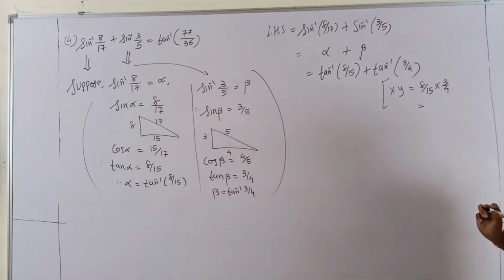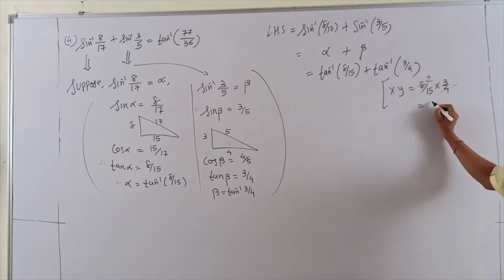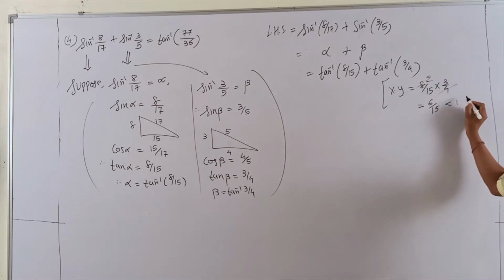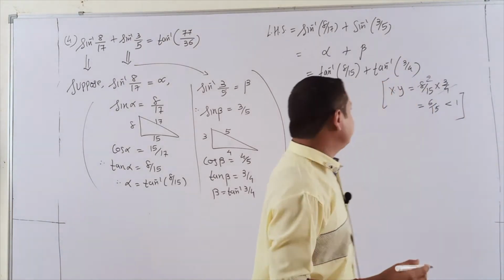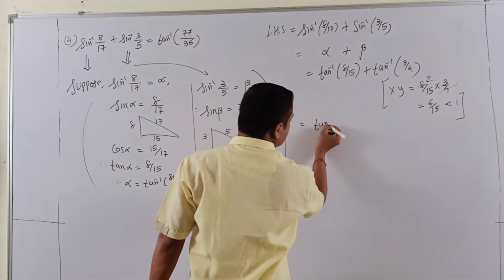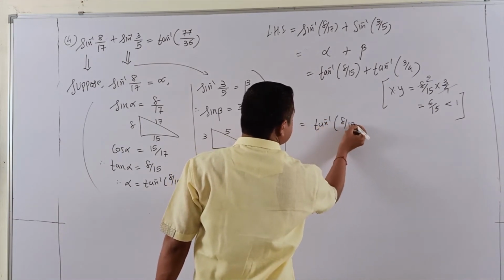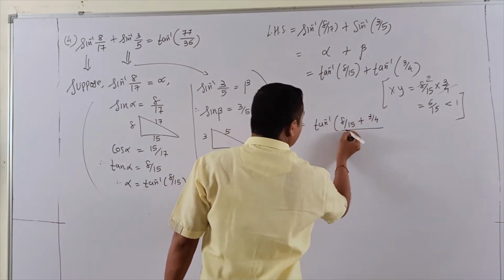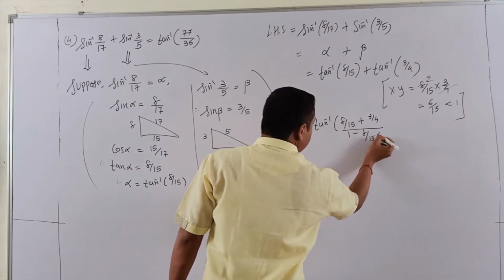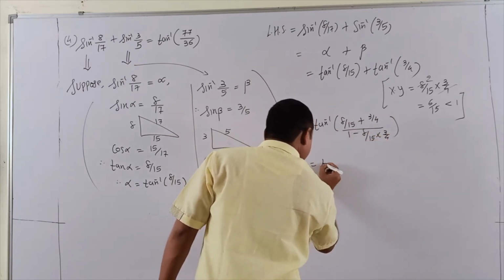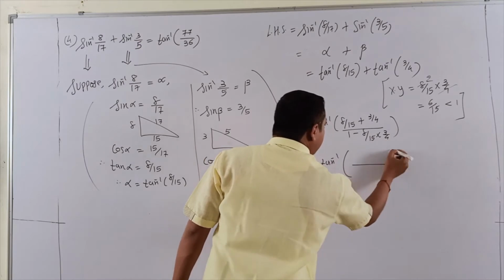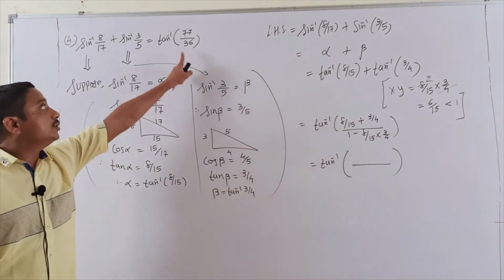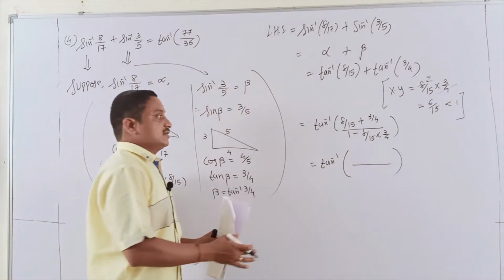And check, this is less than 1. Yes, 6 by 15 is less than 1. So the property applied: tan inverse of 8 by 15 plus 3 by 4 upon 1 minus 8 by 15 times 3 by 4. And take out the LCM. You're getting that RHS answer.